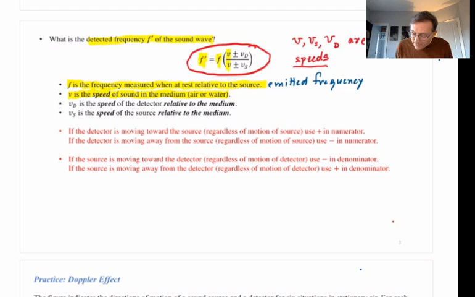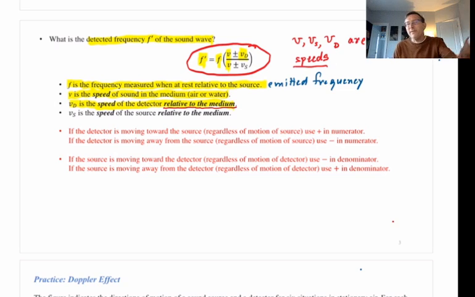Then in the numerator, there's the symbol v sub d. What does that stand for? v sub d is the speed of the detector relative to the medium. Oh boy, watch out for that. It's got to be measured relative to the medium in which the wave is traveling, not necessarily the ground, unless the medium is at rest relative to the ground.